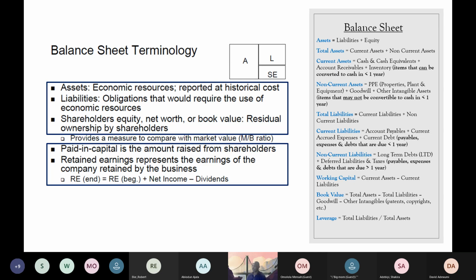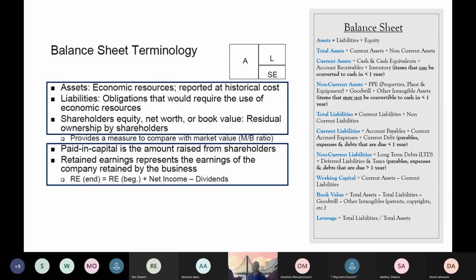So current liabilities will be, again, your accounts payable. Payables is the opposite of receivable. Receivable is what you will be paid because you have already provided a service or a product. On the other hand, payable is the amount of money you owe others that have supplied a product or a service to you.